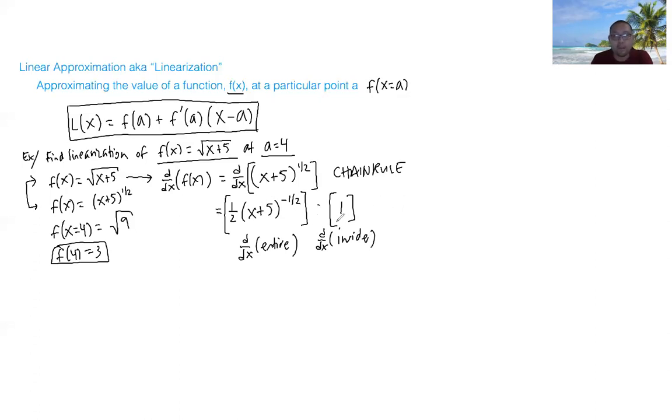After we put all this together, you're going to get f prime of x. I'm going to use the shorthand now, because f prime of x and this are the same. You can use either one, but since we're already into the course, I'm going to start using the shorthand.